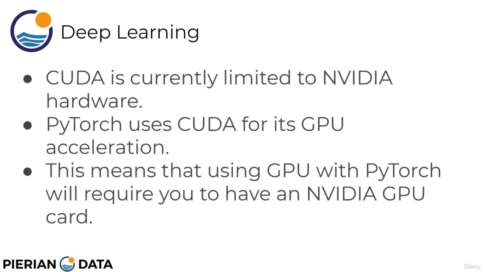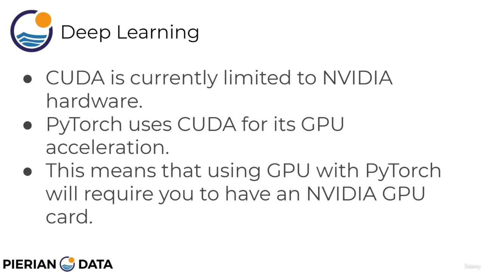Now, CUDA, because it was developed by NVIDIA, is currently limited to NVIDIA hardware. And PyTorch specifically uses CUDA for its GPU acceleration. What this basically means is that in order to use GPUs with PyTorch, you must have an NVIDIA GPU card.